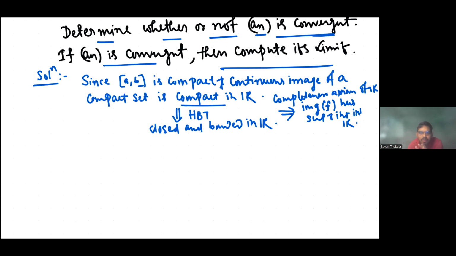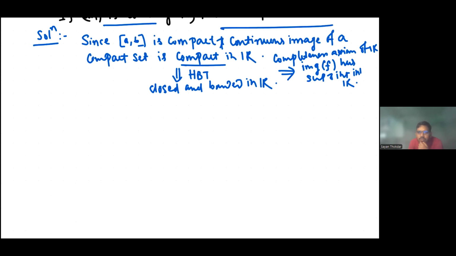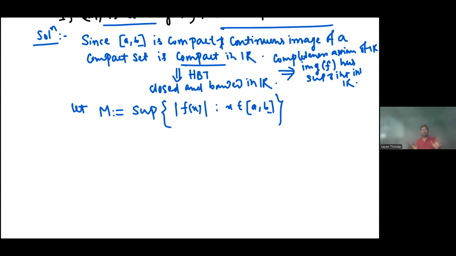Since its supremum exists, let M be the supremum of |f(x)|, x belonging to the closed interval [a, b]. It exists. Why does this supremum exist?